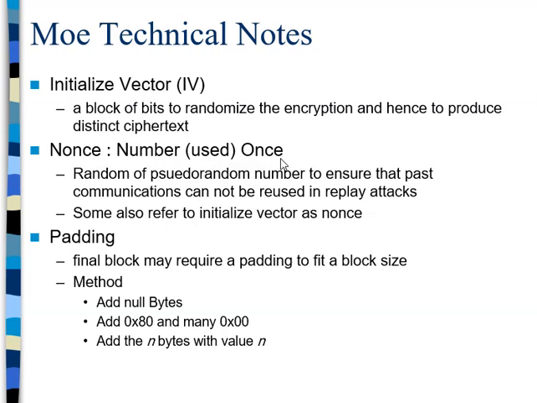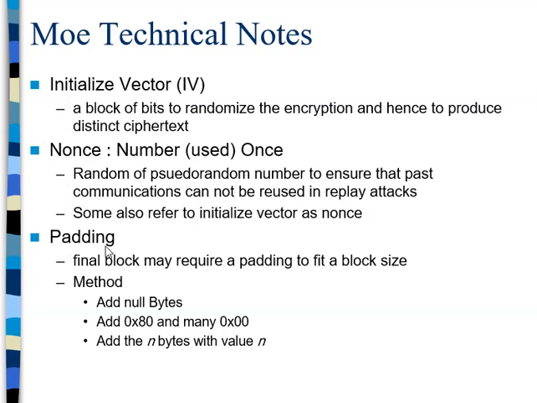It is a random or pseudo-random number to ensure that our past ciphertext cannot be reused in replay attacks. In some references, you may see the initialization vector called a nonce, but in reality they are not the same.